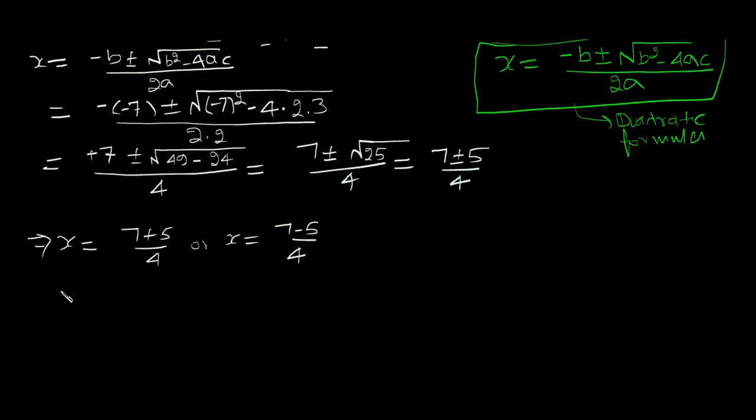The value of x will be 12 upon 4, or 7 minus 5 is 2 upon 4. So x is equal to 3 is one answer, or x is equal to 1 by 2 is the other answer. These are the two values of x which we found by using the quadratic formula.